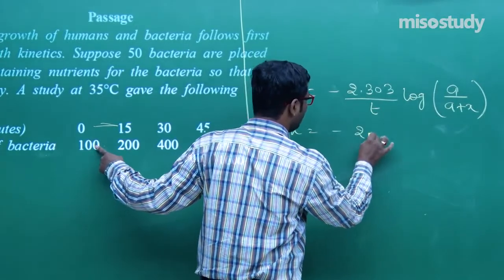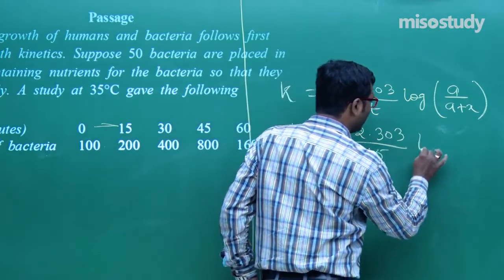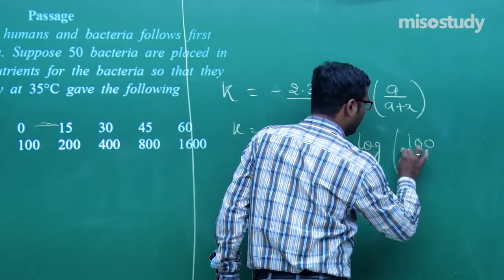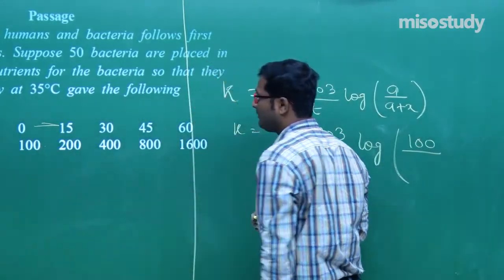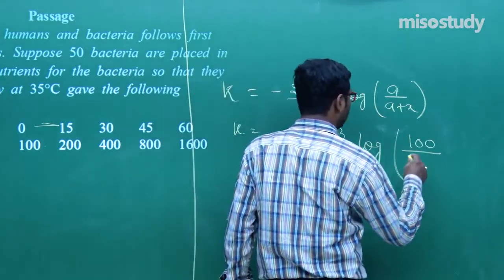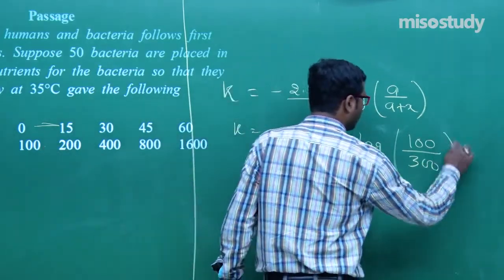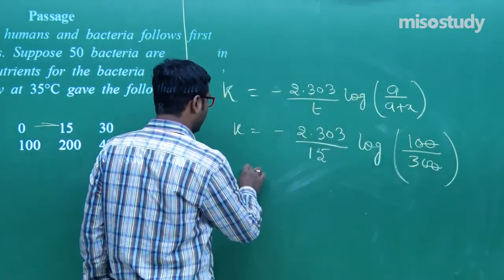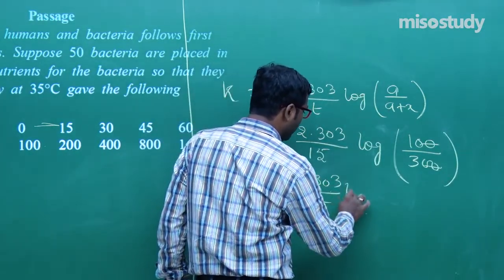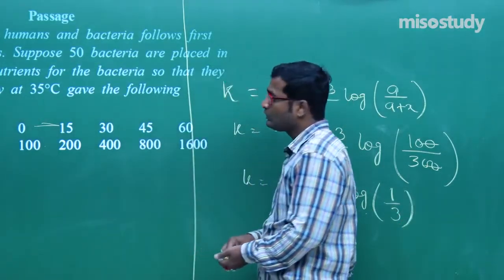Put minus 2.303 upon T, from 0 to 15, put 15, and log A upon A plus X, that is 100 plus 200, which is 300. Now the expression is K equal to minus 2.303 upon 15 log 1 upon 3, that is growth.